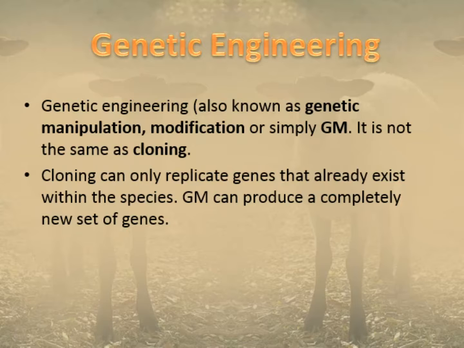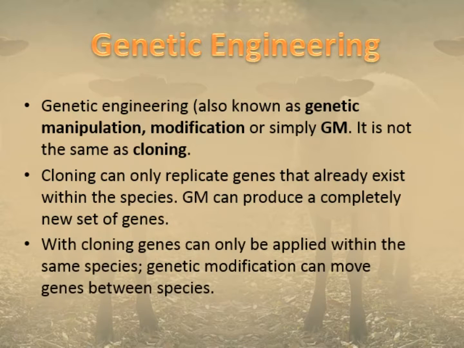But GM can produce a completely new set of genes, and they don't have to be even in the same species. With cloning, genes must stay within the same species, but genetic modification can move genes between species. In fact, one of the ways that we do it is by copying genetic information from other species into bacteria.